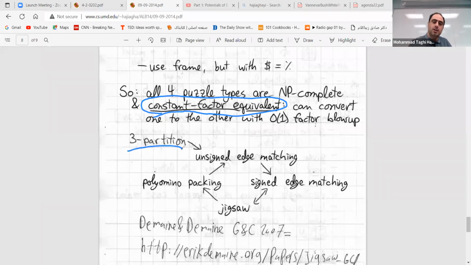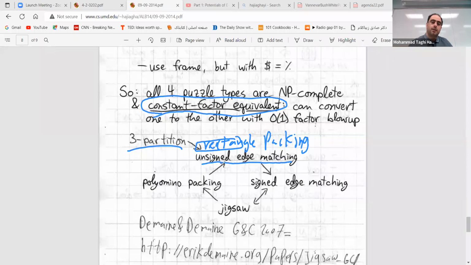So we had the 3-partition, then we mentioned unsigned edge matching as the main problem. Or actually, maybe before that, we had the rectangle packing as well. So we had rectangle packing.